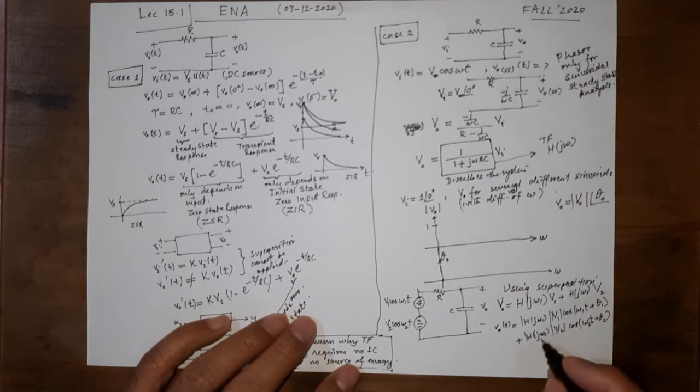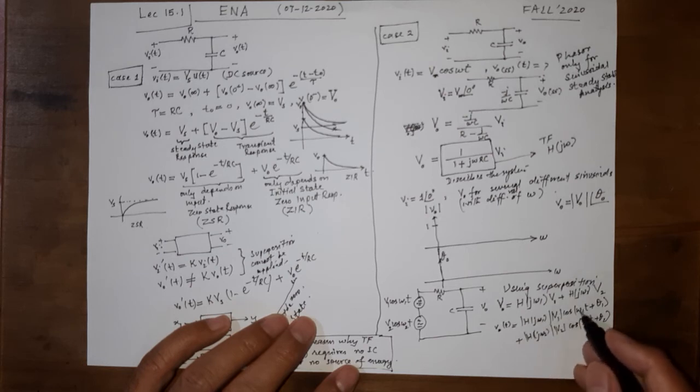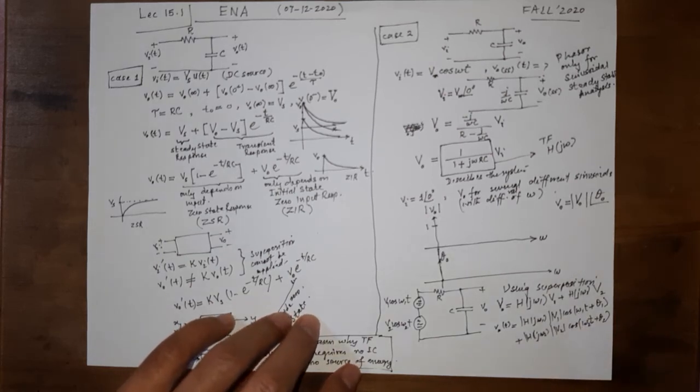This theta 2 is the phase of h of j omega 2, theta 1 is the phase of h of j omega 1. So this would be the output, and we cannot sum these together because of the two different frequencies.